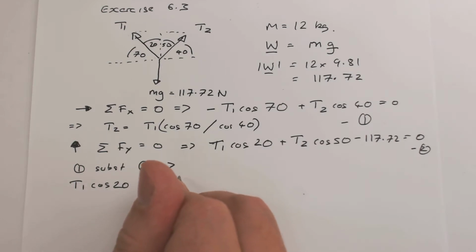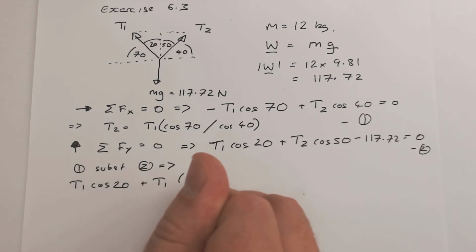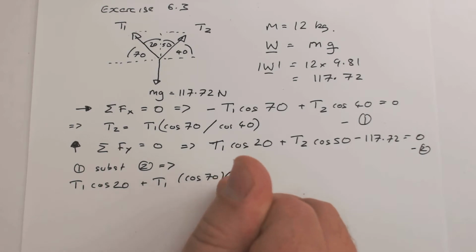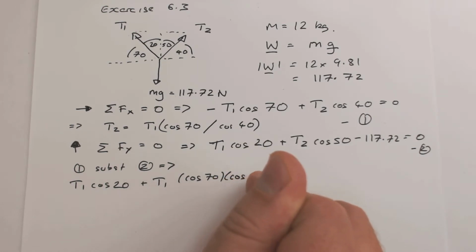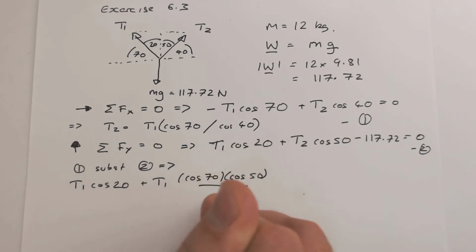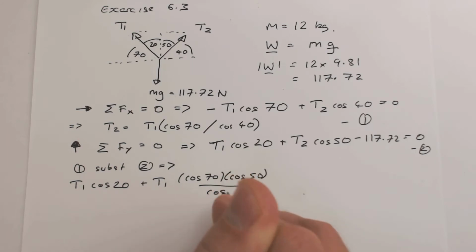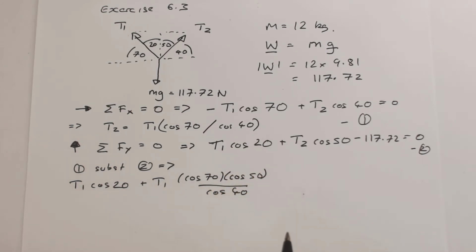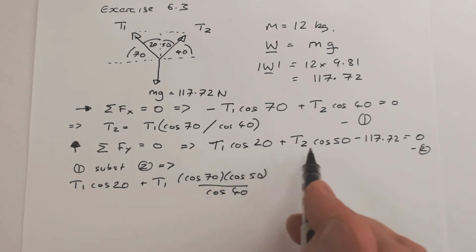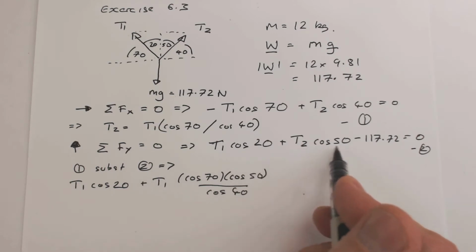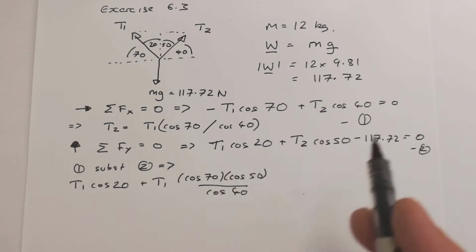Notice we've got lots of coses here. So that's substituted in and multiplied by the cos 50 there.